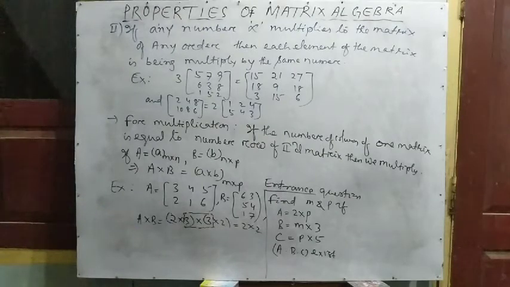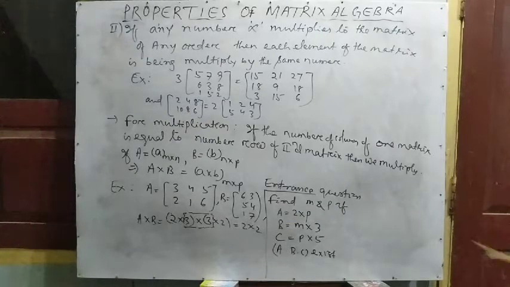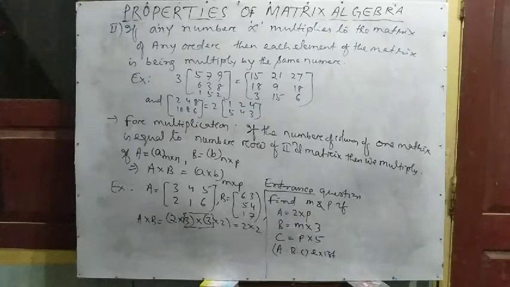In entrance exams, this type of question will come. Find M and P. Here 3 matrices are given, A, B, C. The order of A equals 2 by P, meaning 2 rows and P columns.